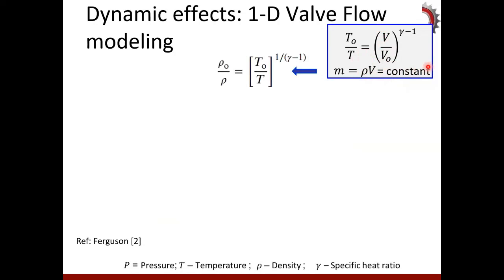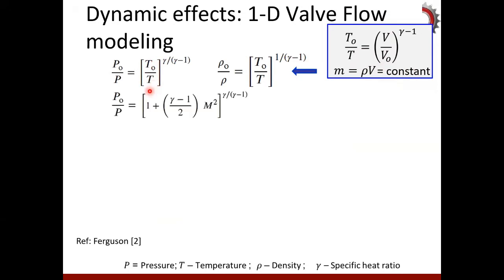So the density ratio will be the temperature ratio to the power of 1 over gamma minus 1. The relationship between pressure ratio and temperature ratio is this. Accordingly, the pressure ratio that we looked at earlier could be replaced by the density ratio by considering this and this. Thus, we can write down the density ratio as a function of gamma and Mach number like this.